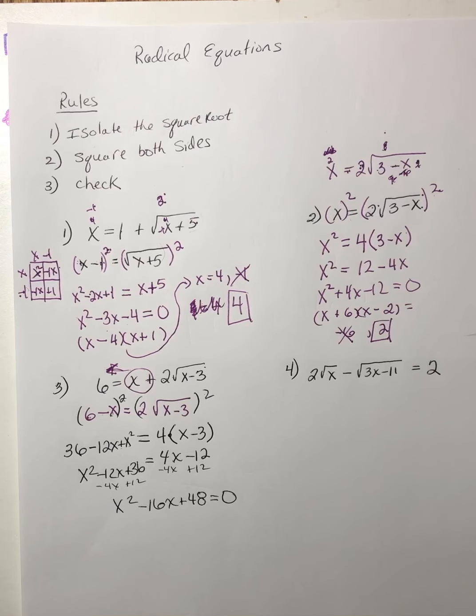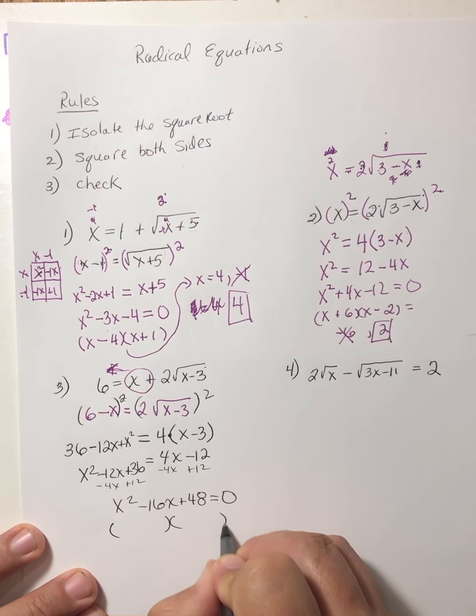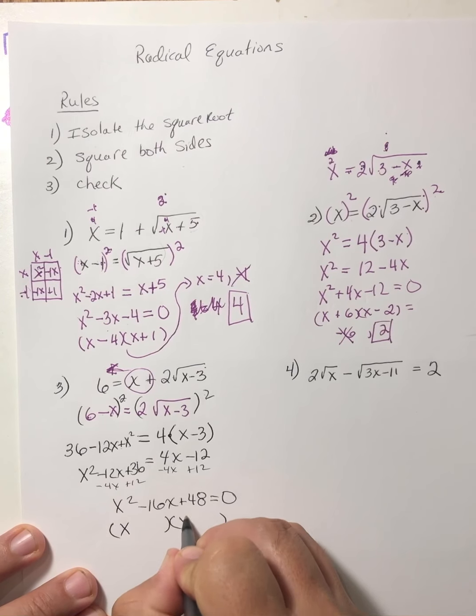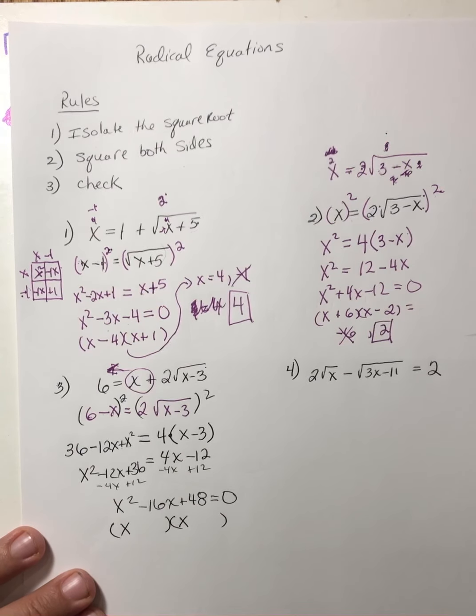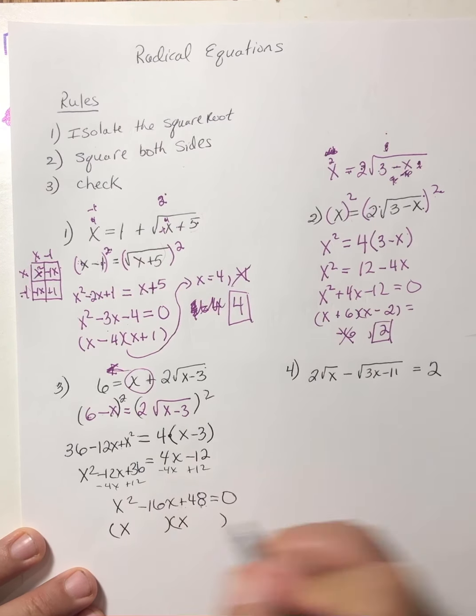Okay. Now we have to factor. So x and x. All right, I need factors of 48 that will add to 16. The reason why I'm saying add to 16, because this is a positive 48. If this was a negative 48, I would say subtract to 16. Okay, so 4 times 14.